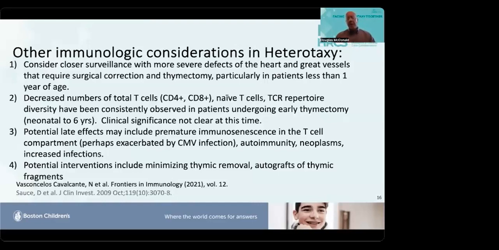And severely reduced naive T cell populations can theoretically result in autoimmunity, higher susceptibility to neoplasms, and increased infections.